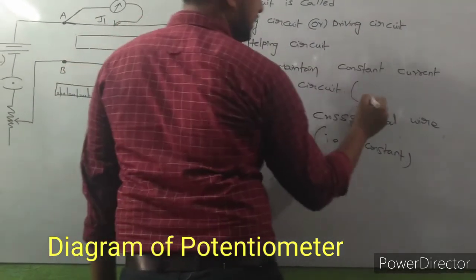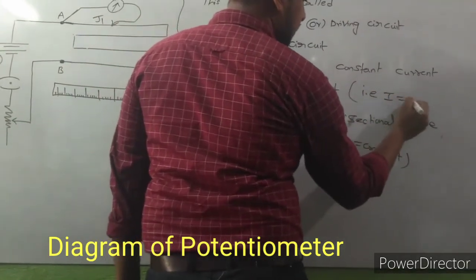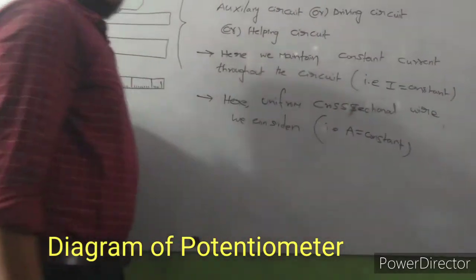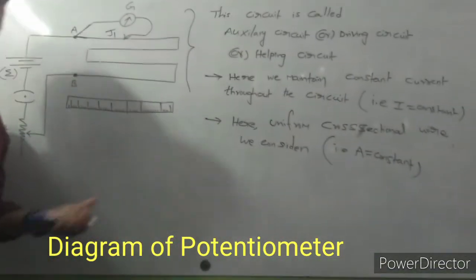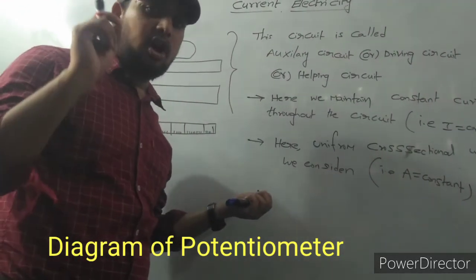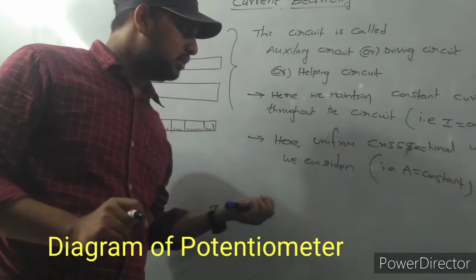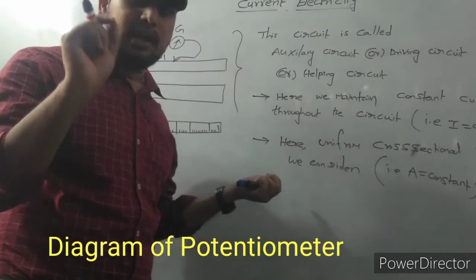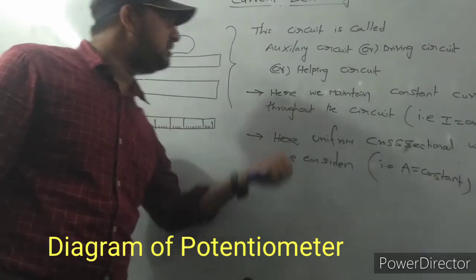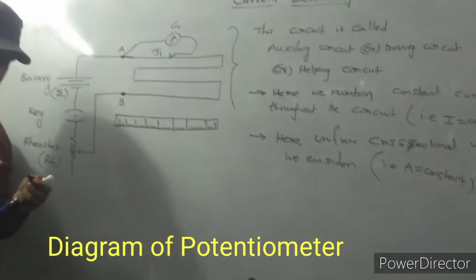Here the current is constant. These two parameters are very important when we use the potentiometer: maintain constant current throughout the circuit, and keep the area of the wire constant. These two are very important points. This is the construction of the potentiometer.